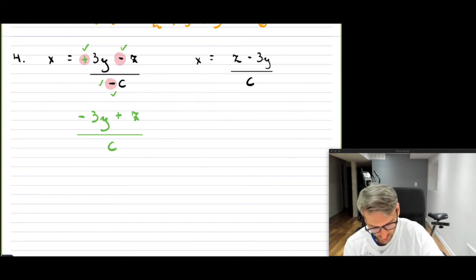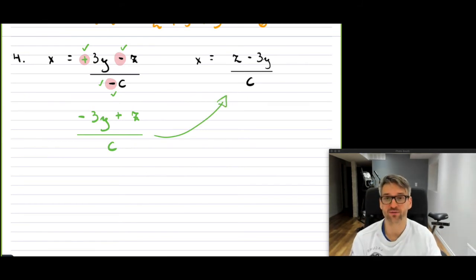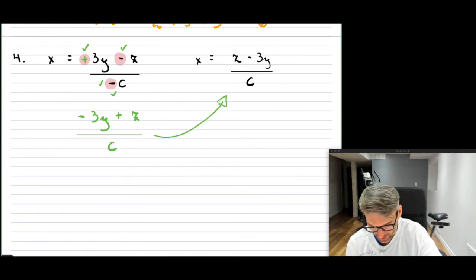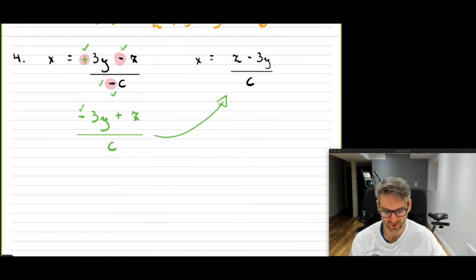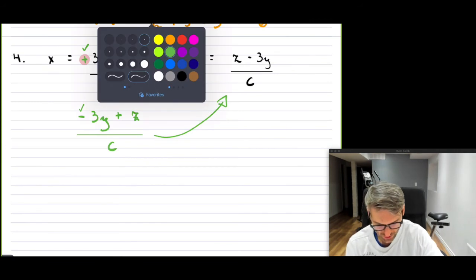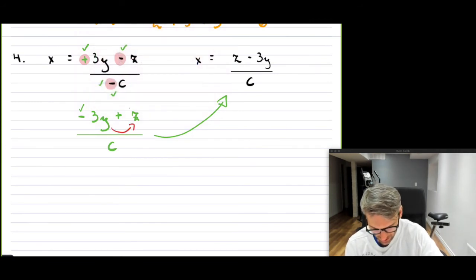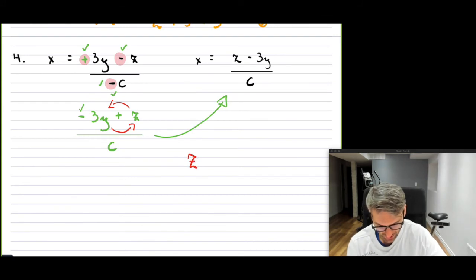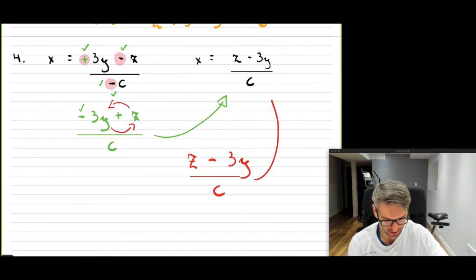And so in order to see that these two are equal, notice that all they have done is, instead of having negative 3y in front, they just swapped these two. So they wrote z, which is positive, minus 3y on top, and then they just kept the c at the bottom. And that's how they got this.